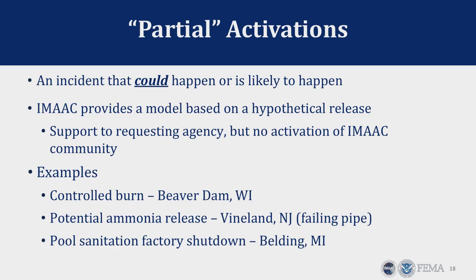What we will do in those cases is provide a hypothetical release specifically to the requesting agency, but we don't necessarily activate the entire IMAC community. We've learned our lesson in the past, instead of creating hysteria about something that's actually happening, we limit it to just, well, we'll give a what if. What if this happened? What if this amount of stuff was released? So a couple of examples.